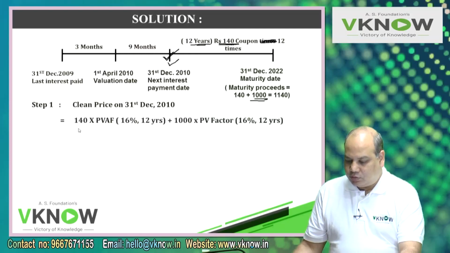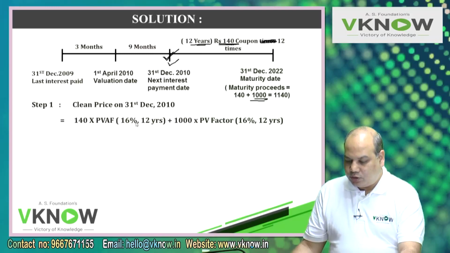So it is equal to 140, the coupon, into the present value annuity factor, bracket 16% is the discount rate, 12 times the coupon is pending, 12 years, excluding the coupon that you are going to receive on 31st December, and plus 1000 into PV factor, 16% comma 12 years.